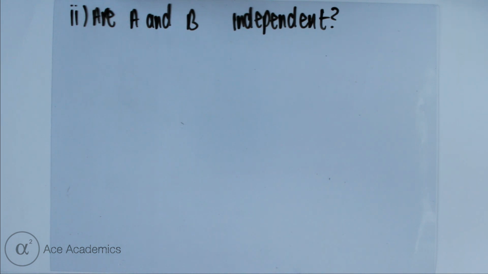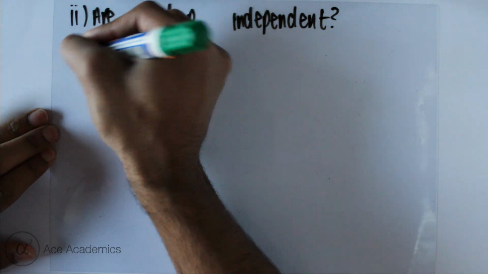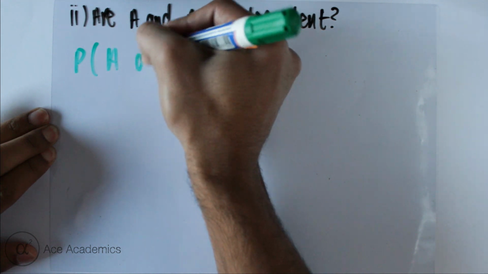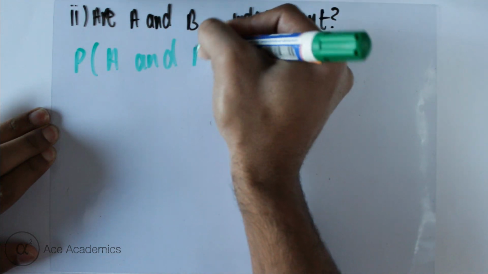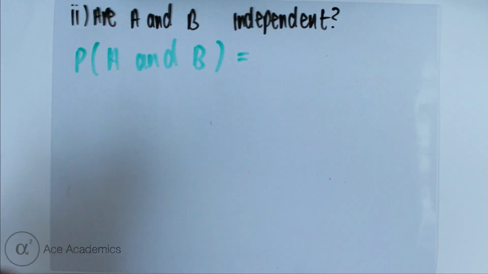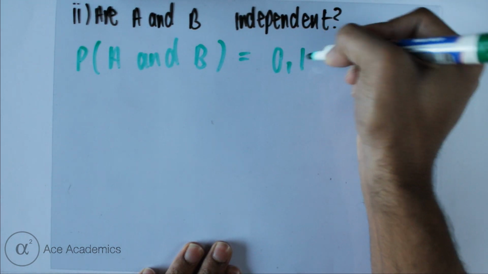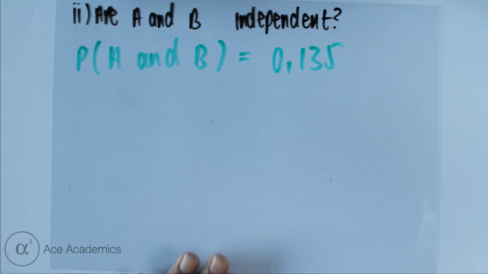We're first going to work out the left-hand side of the product rule, and then we're going to work out the right-hand side of the product rule. And if they're equal to each other, it means that the product rule holds, and that means that the events are independent. Now, let's look at the left-hand side of the product rule, which was the probability of A and B. And that we worked out in the first part of the question, and it was simply 0.135.